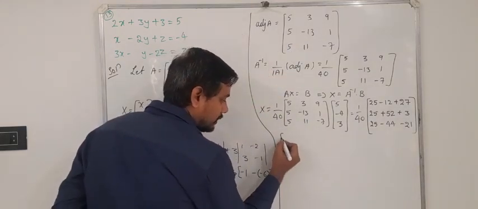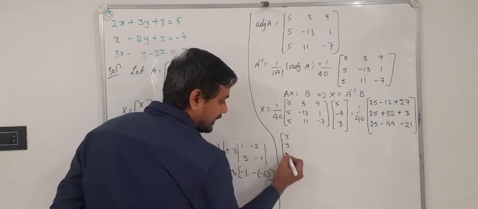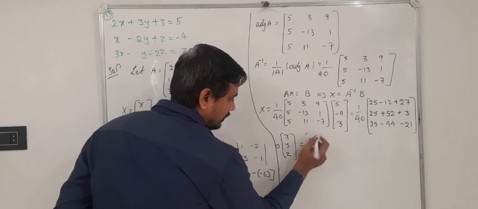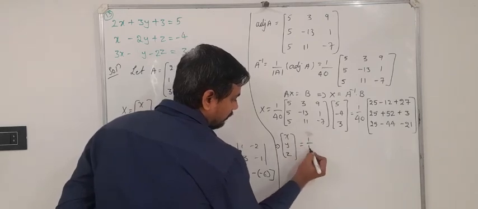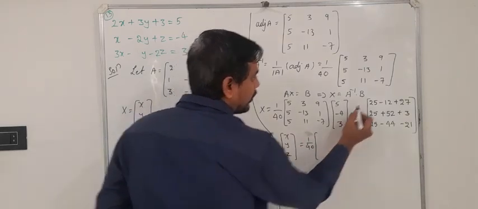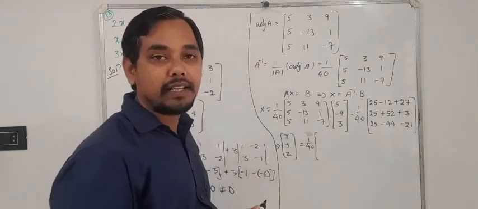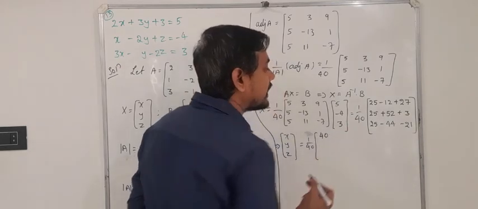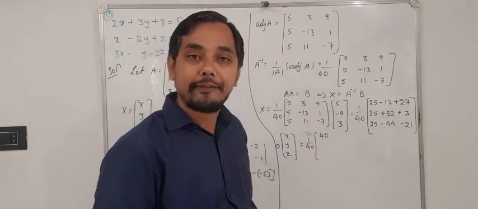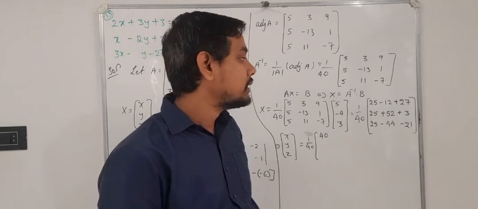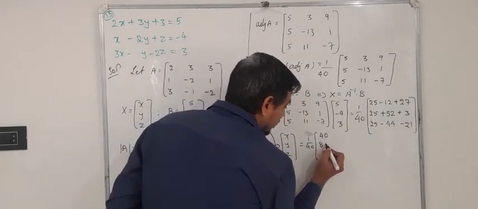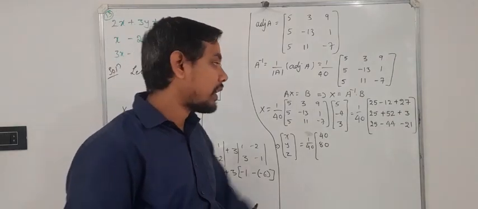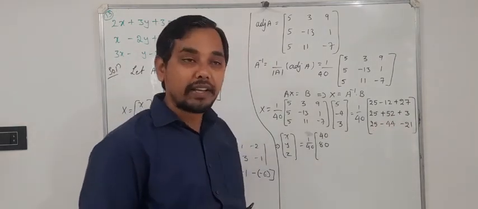X, Y, Z is equal to 1 upon 40 into 25 minus 12. It is 13. 13 plus 27, 40, right? So 52 plus 3 is 55. 55 plus 25, so it is 80, right? So 25 minus 44, or minus 44 minus 21 is minus 65.